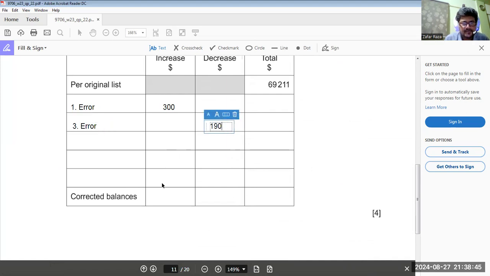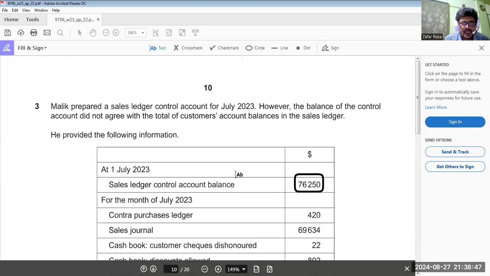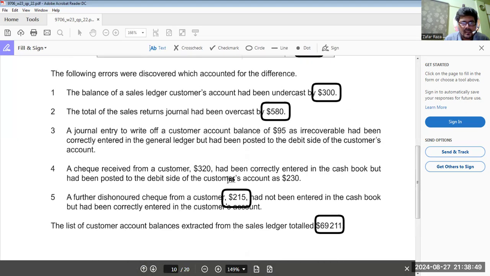Okay. Now, this error. Error 3. Okay. Error 4. A check received from a customer 320 had been correctly entered in the cash book but had been posted to the debit side of the customer as 230. So it means we have to credit customer by 230 and we have to credit the customer by 320 as well. 230 for rectification of error, 320 the original amount.